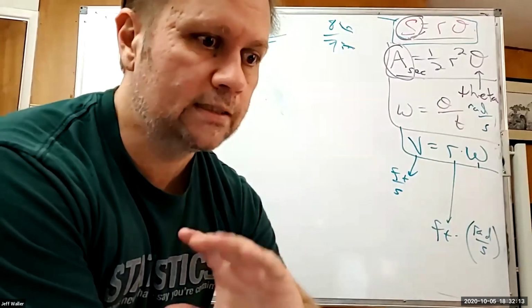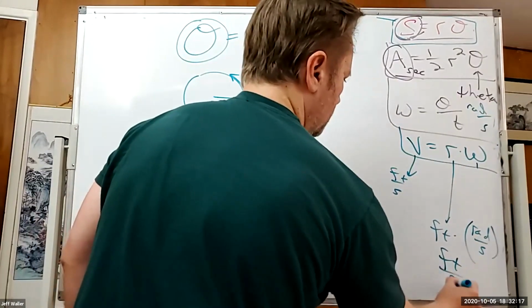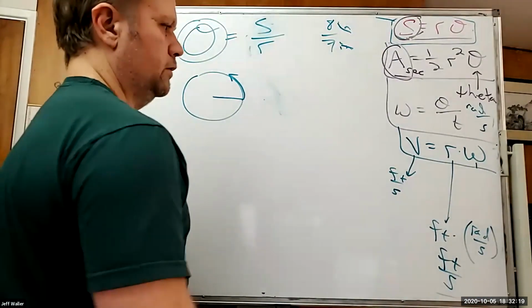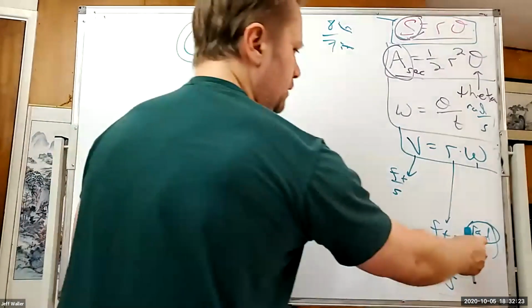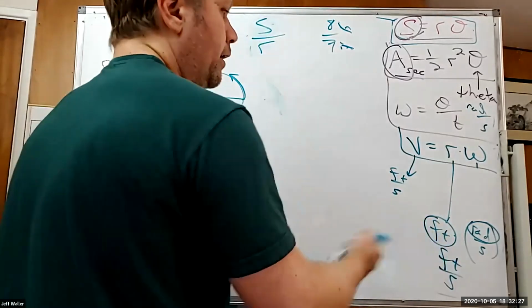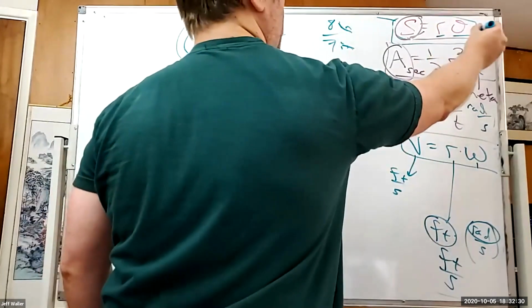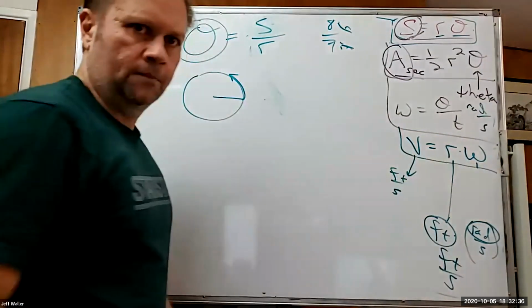So then it becomes feet per second. It's sort of a placeholder. It doesn't become linear until I multiply it by something linear. Theta times r becomes a linear distance. Omega times r becomes a linear velocity.